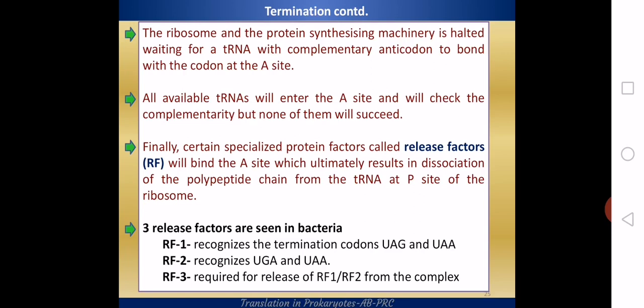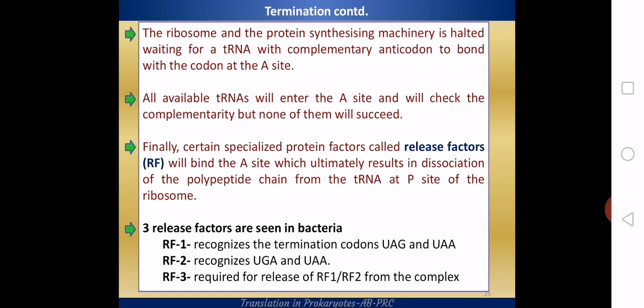So how does this occur? Normally when the stop codon enters the A site, the ribosome will wait for the tRNA to come and occupy the A site. But this will not happen, as we know there is no tRNA complementary to this stop codon. All the available tRNAs will come and check whether it is complementary or not, but it will not be possible to interact successfully.